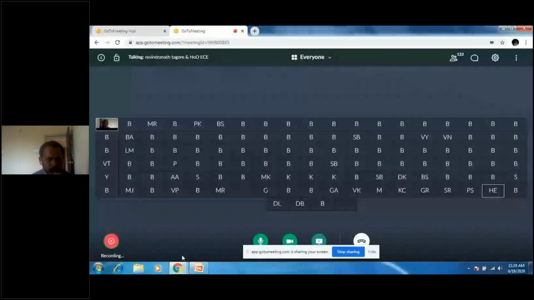Dr. Tagore, can you hear us? Yes. You see, there is a chat window here. You are not able to hear us. You can please look into the chat window where the other organizers or the students will post, if you have any issues, okay?